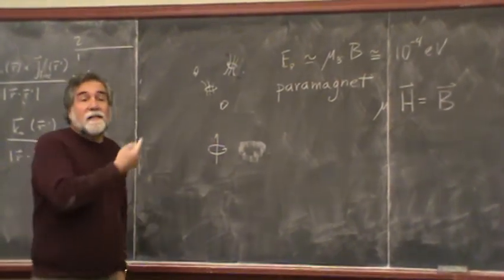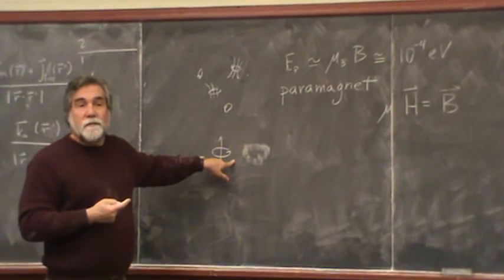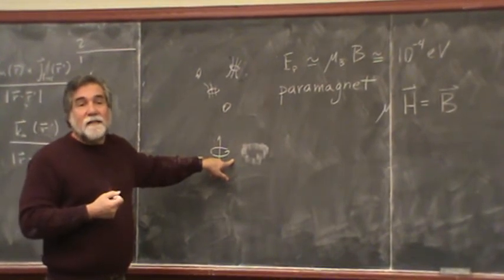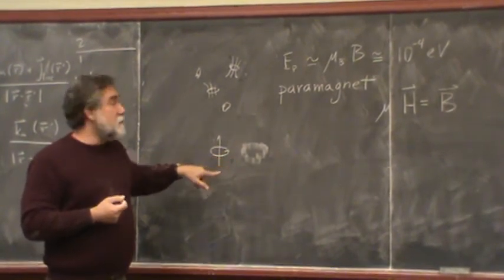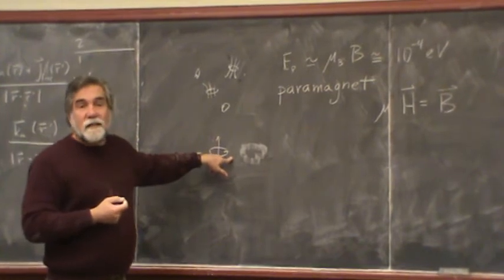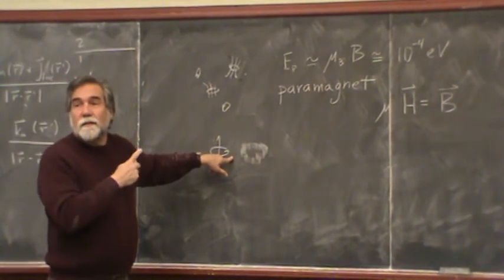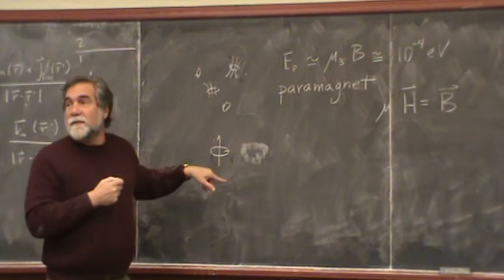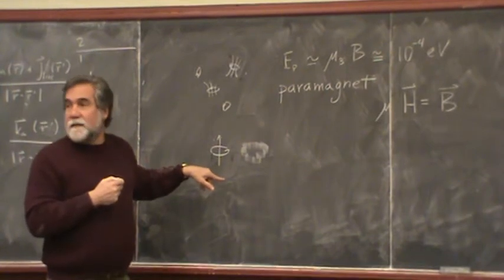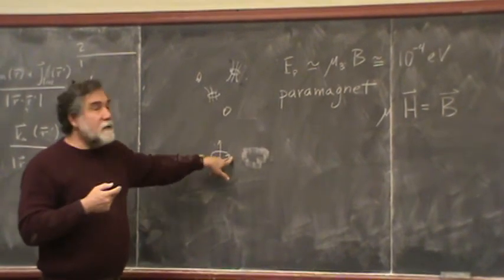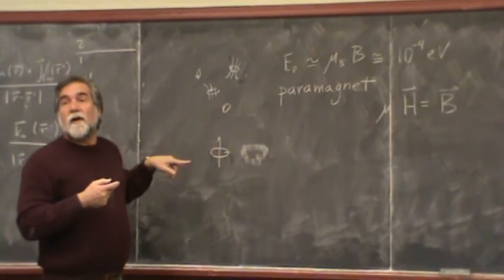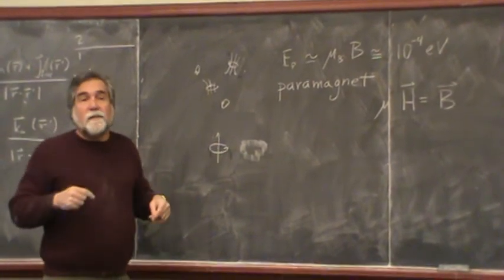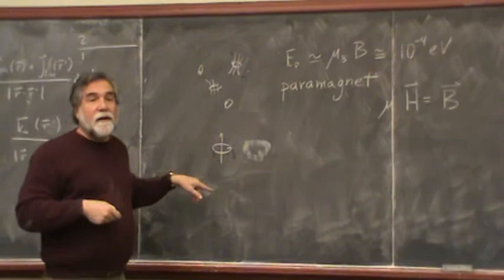When I try to change the field inside of this loop, Lenz's law comes back to bite us and induces a change in the current around that loop in order to fight the change in the field that we just made. Right? So we're actually causing the magnetic moment to decrease.